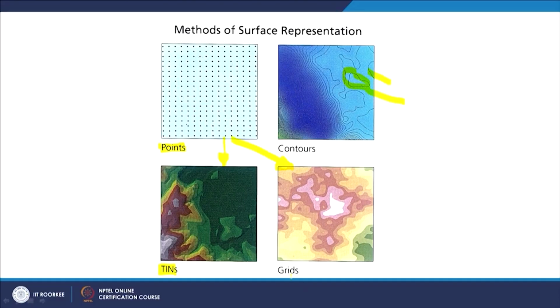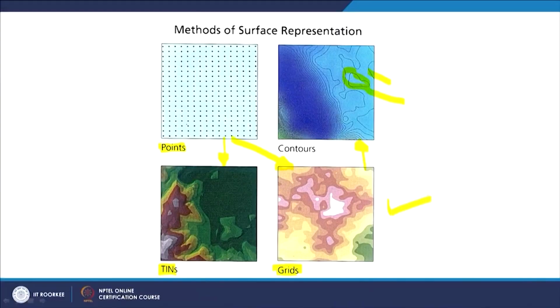Now using this grid, as we have just discussed, we can also create contours. That means contours can be created by two methods: directly from point to polyline, or from surface to polyline. Both are possible. Now sometimes we may not have point data directly for spatial interpolation.